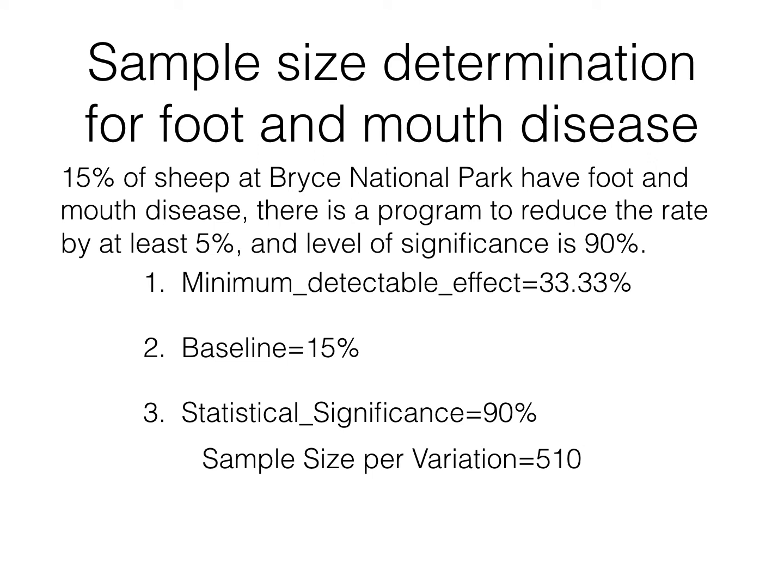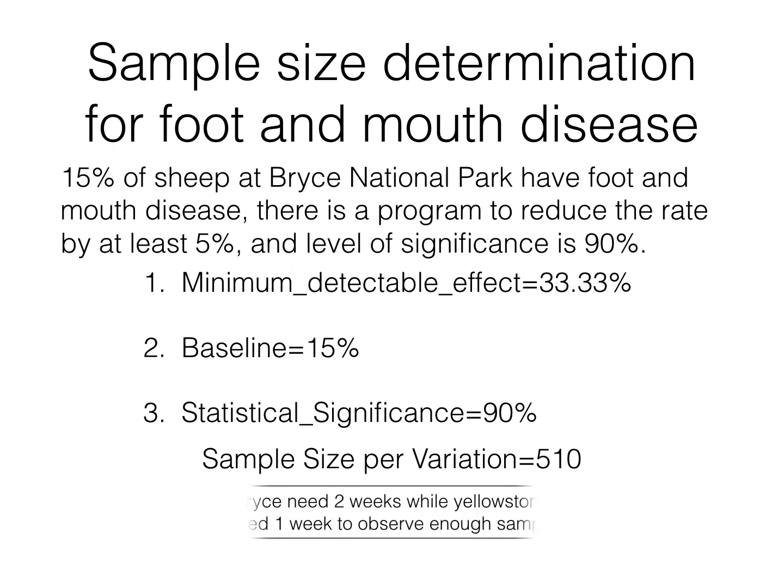So the result is 510. We have to observe 510 sheep to know whether the program is working. Thus we know Bryce National Park needs 2 weeks, while Yellowstone needs around 1 week to observe enough sample.